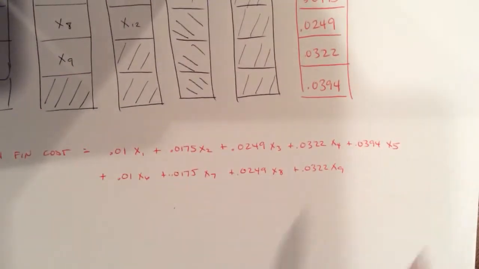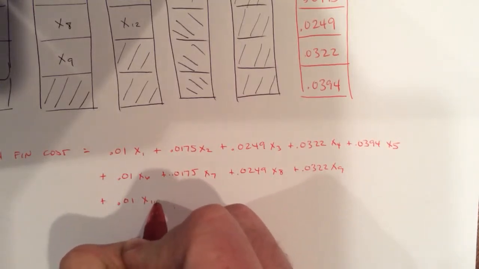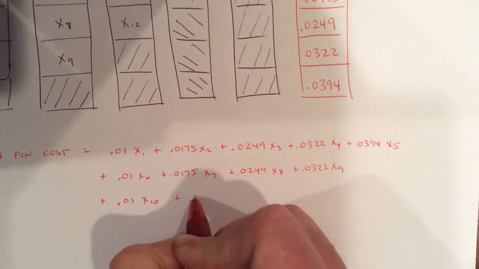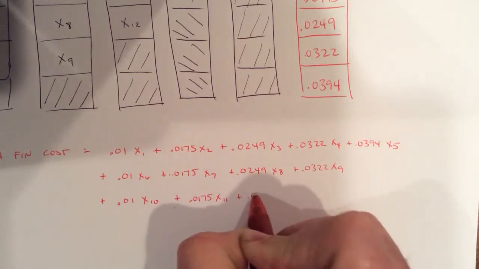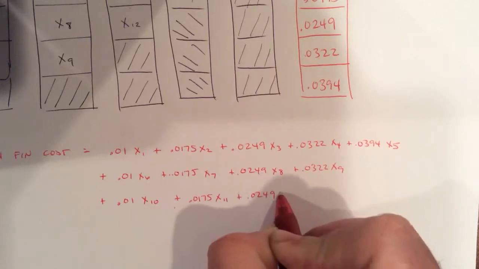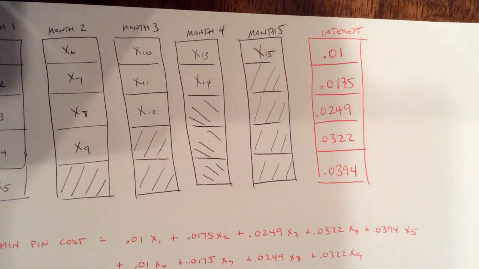Okay, the next is going to be for when we're in month 3. I can take out a 1-month loan, which is 0.01 times x10. I can take out a 2-month loan, which is 0.0175 times x11, plus 0.0249 times the amount I take out in a 3-month loan. And in month 3, you see there's no 4 or 5-month loans.